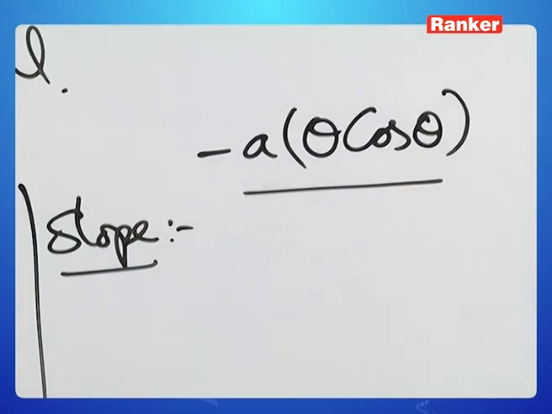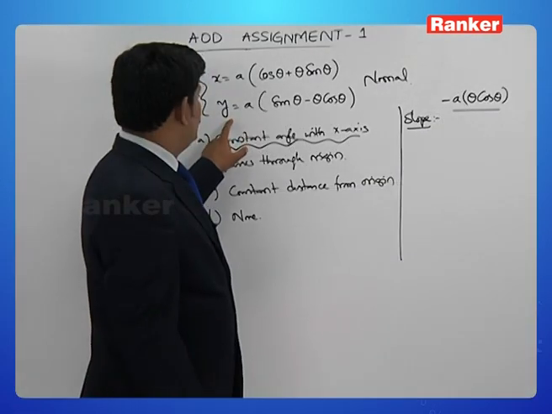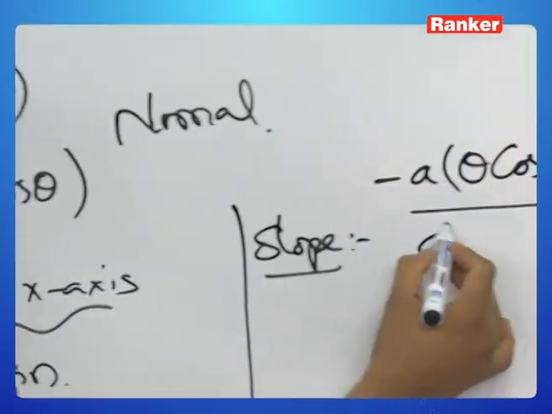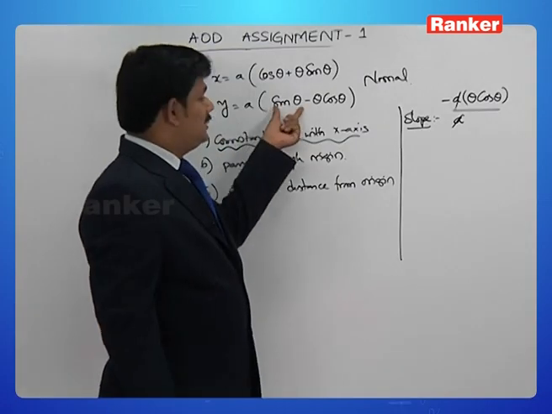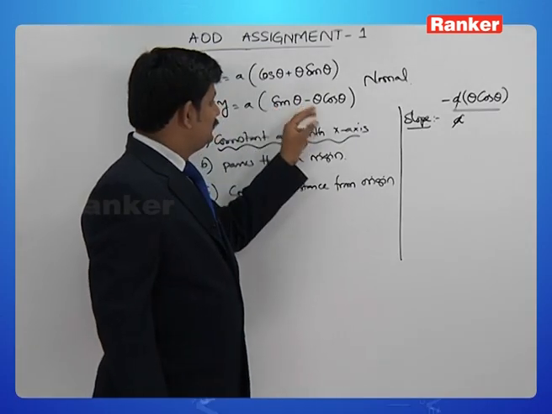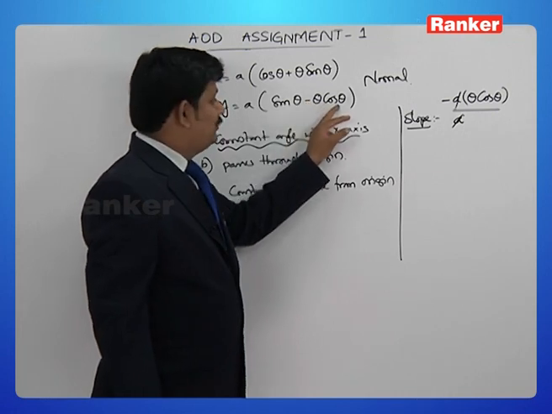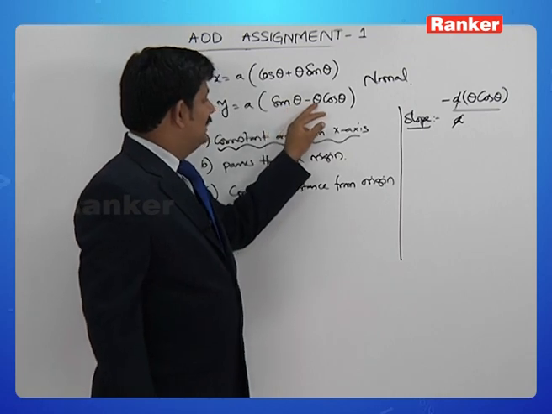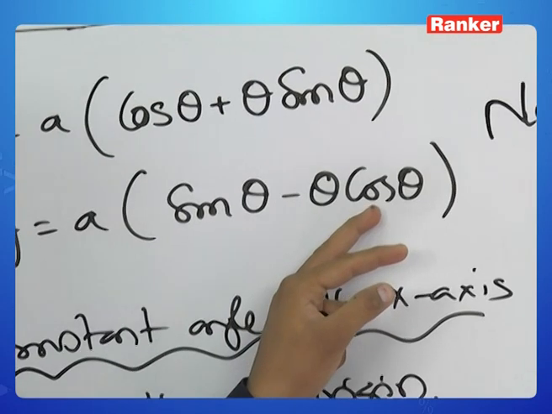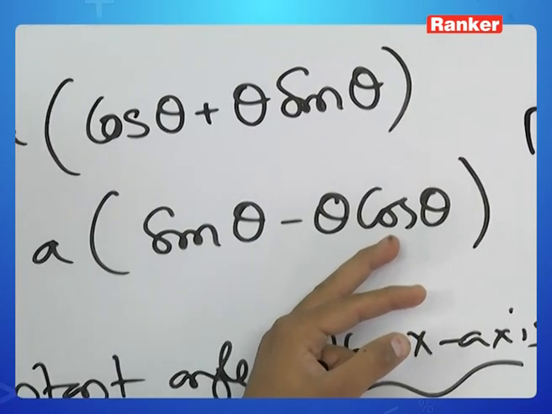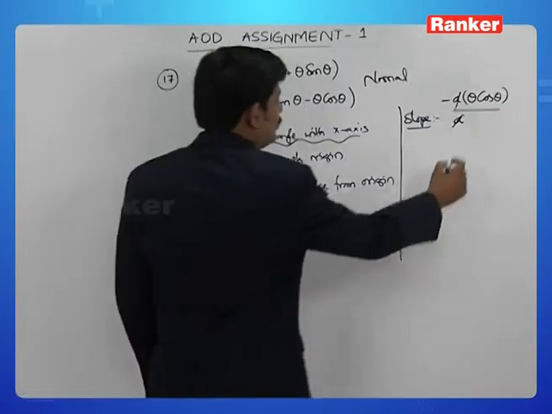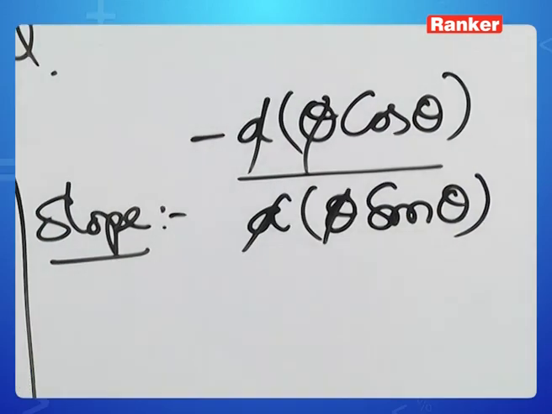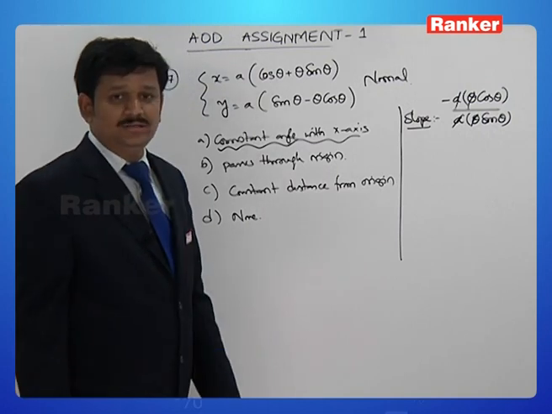For dy by d theta, a into the derivative of sin theta, which is cos theta, minus by the UV rule, cos theta, the cos theta terms get cancelled, minus theta into the derivative of cos theta, which is minus sin theta. So this becomes theta sin theta. Theta also gets cancelled. It is minus cot theta.